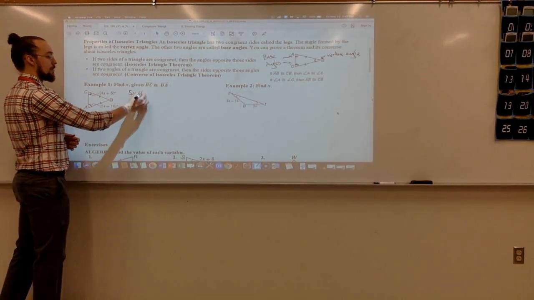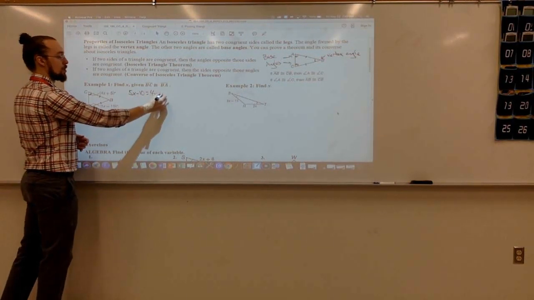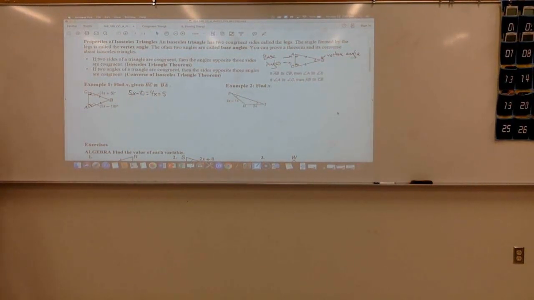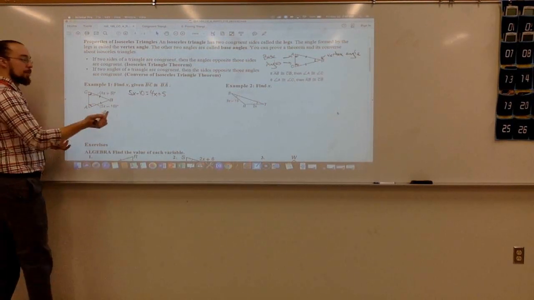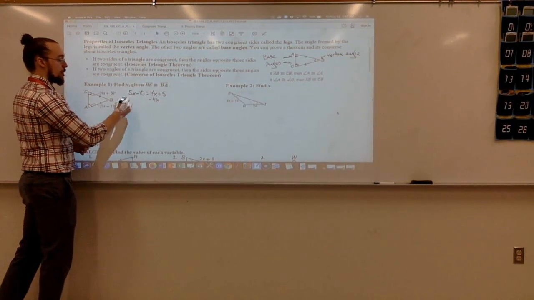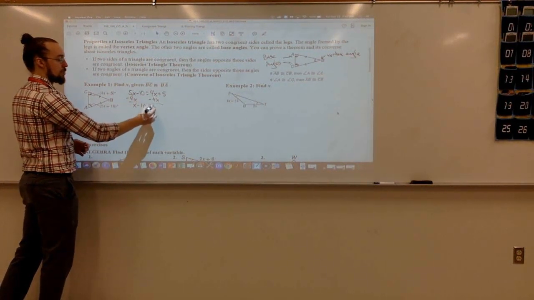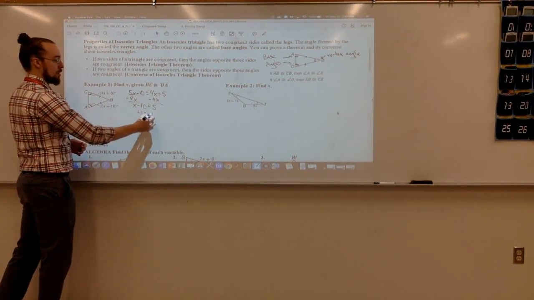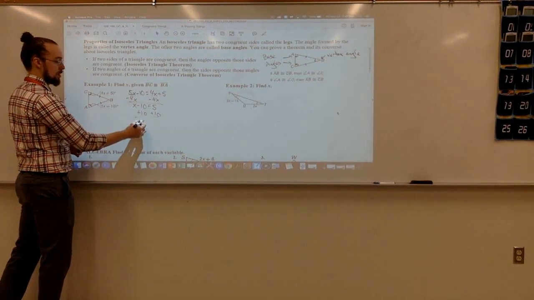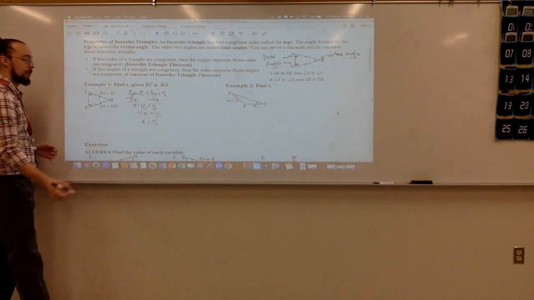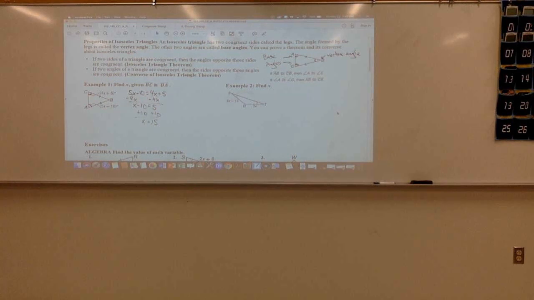So we can say 5x minus 10 equals 4x plus 5. Pretty straightforward equation to solve then. Subtract the 4x over. X minus 10 equals 5. Add the 10 over. We get x equals 15.